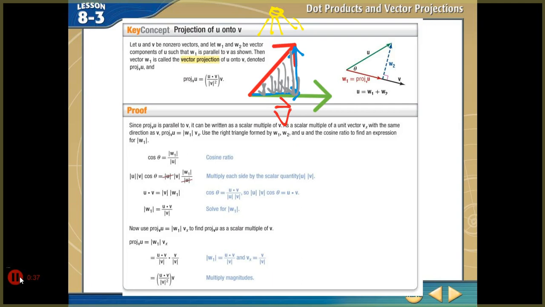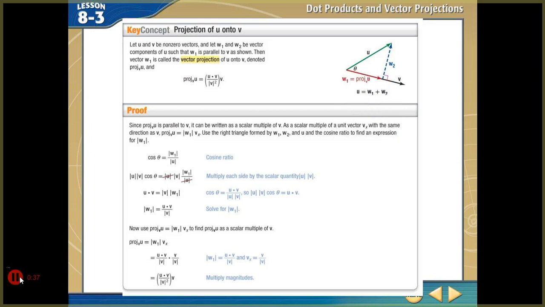Then this whole piece down here, that horizontal component, is what's called our projection. That idea of how much of a vector goes in the direction of another vector is what we call our projection. Another way to think about it is, I have this green vector u, and how much of it is going in the direction of v, that is going to be called our projection.